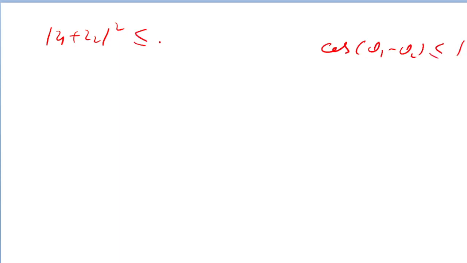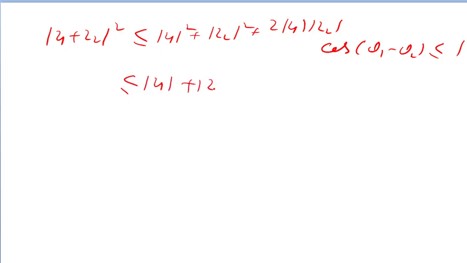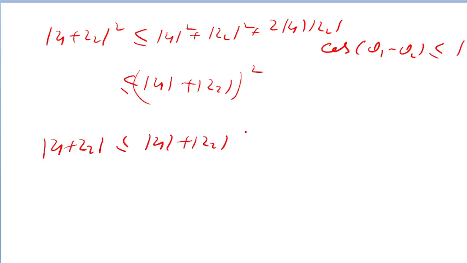So that will be mod z1 square plus mod z2 square plus 2 mod z1 mod z2, which is nothing but (mod z1 plus mod z2) square. Since mod z is always positive, there is no plus or minus, so I can say that mod z1 plus z2 is always less than or equal to mod z1 plus mod z2.